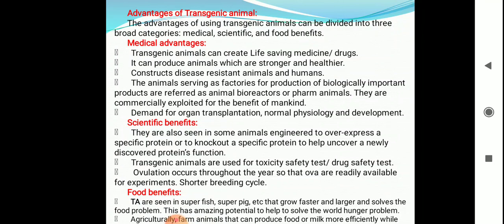Okay. So in this way, transgenic animals are very important for us.